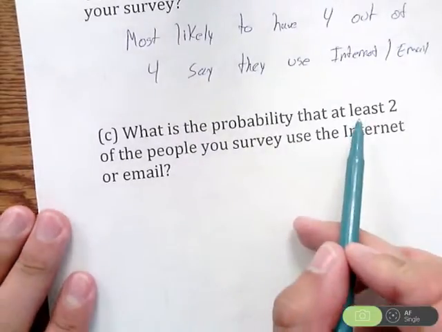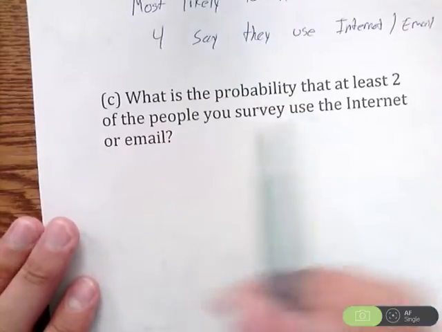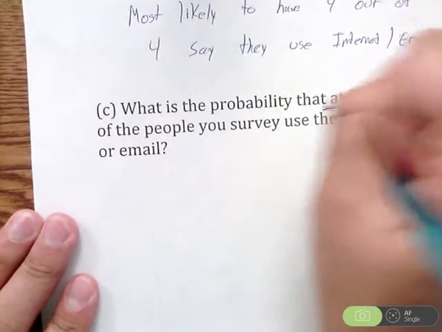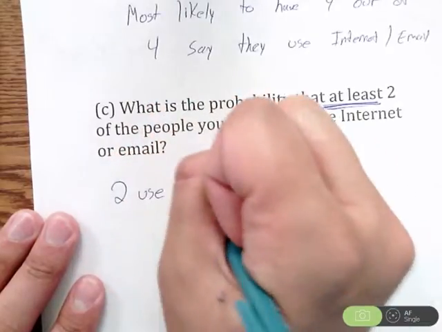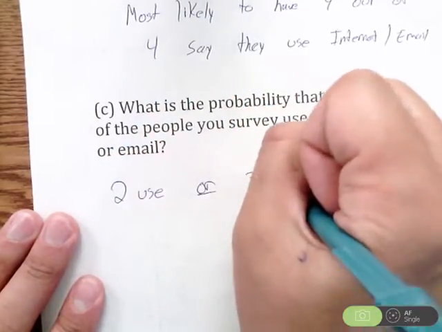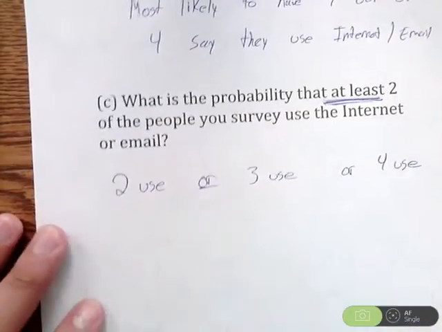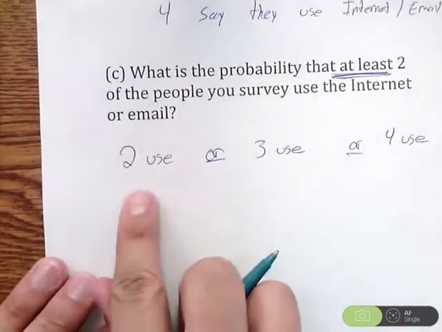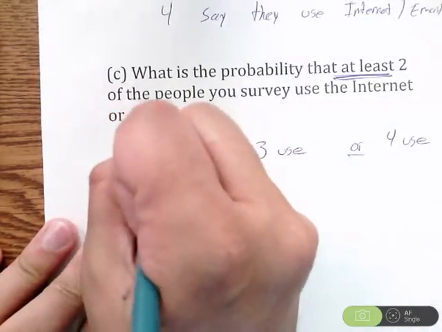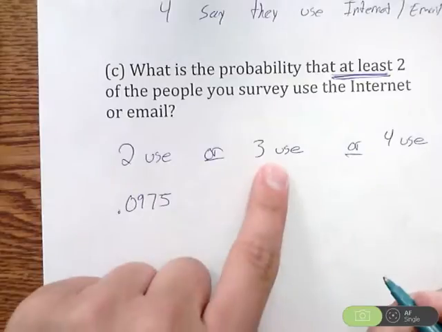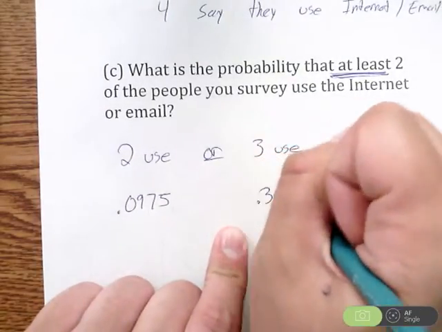Part C, what's the probability that at least 2 of the people you survey use the internet or email? So pay very close attention to at least 2. That means 2 use it, or 3 use internet and email, or 4 use it. Now I'm not going to flip back and forth, but the probability that k was 2 was 0.0975. The probability that k was 3 was 0.3685.